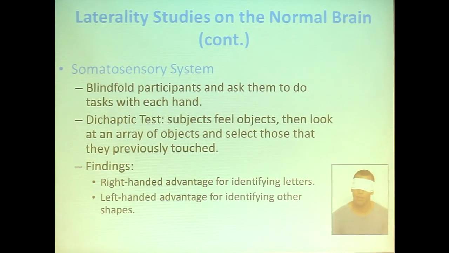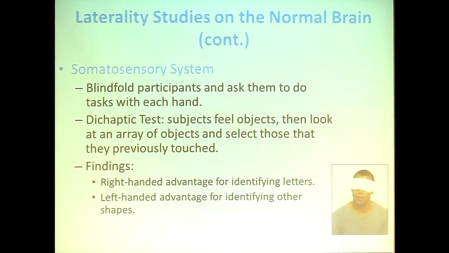With the somatosensory system, how the experiments were done there is that people were blindfolded and they were asked to do certain tasks with each hand. One of the main tests used was the dichaptic test, where subjects feel objects, then look at an array of objects and select those that they previously touched.